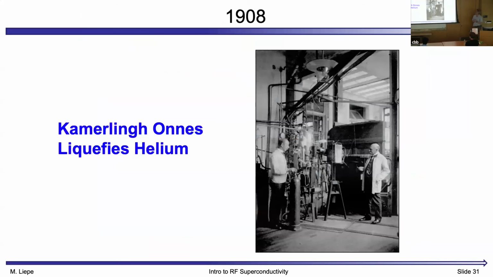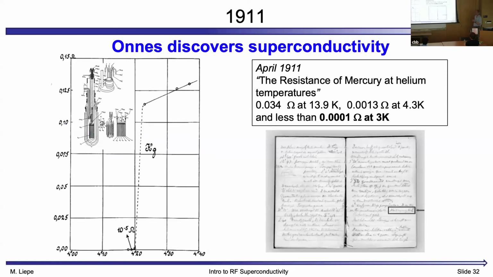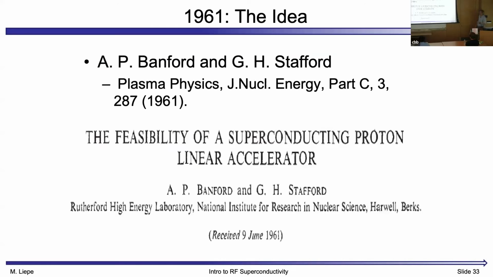So, a very short history. It all started in 1908, when Onnes liquefied helium. And then just 3 years later, he showed that superconductivity is the thing. That's from the original notebook here with mercury. And then 1961 was the first paper proposing to use SRF materials to make RF cavities.